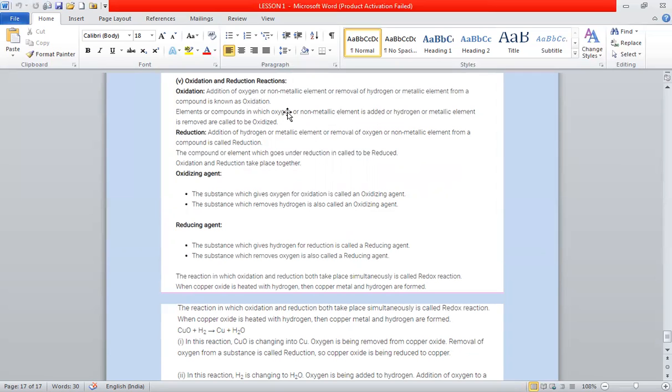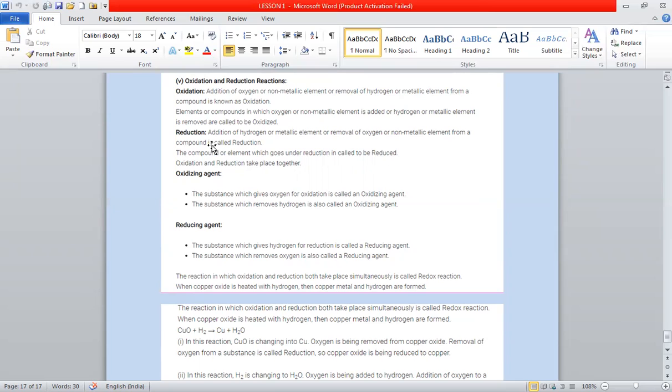Adding of oxygen or removal of hydrogen is termed an oxidation reaction. What is a reduction reaction? Addition of hydrogen or removal of oxygen is termed reduction.